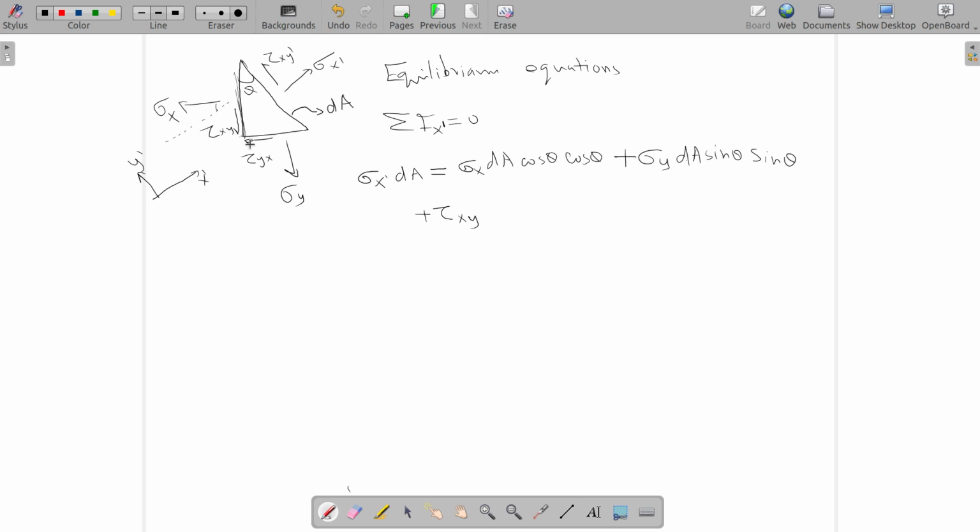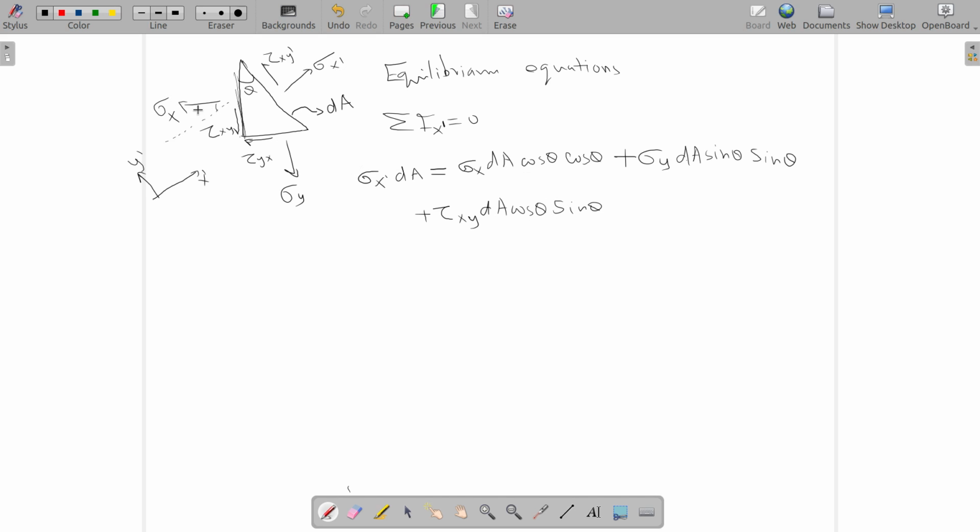Tau xy is acting on this area, so we should multiply it with dA cos theta, and component of that in x dash direction will be the whole thing multiplied by sin theta.